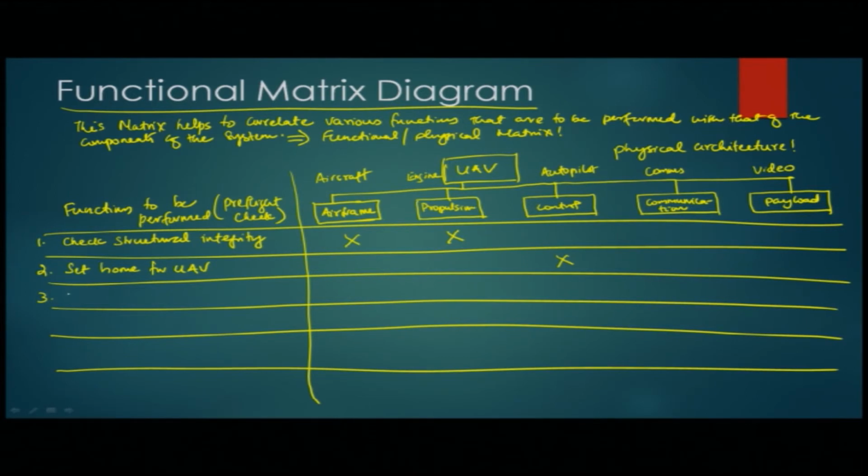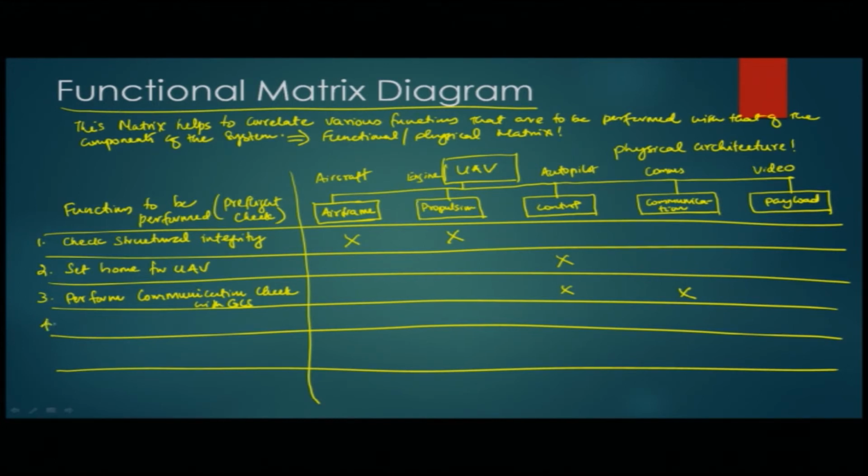Then perform communication check with GCS. The comms will be used for checking that, and there will also be some check on the control, so that will be part of that.